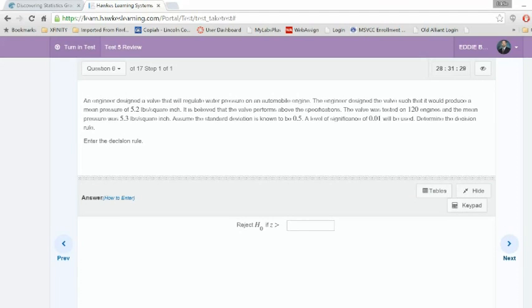Let's see. It looks like here we're going to try to figure out the critical number. The critical number is the value that kind of draws a line between whether we accept or reject, or fail to reject, the null hypothesis.